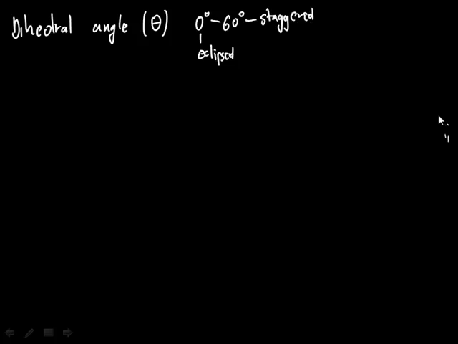The things in between the staggered and eclipsed conformations are called the skewed conformations, and they're intermediately positioned.